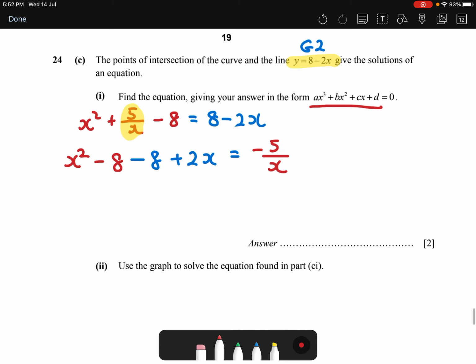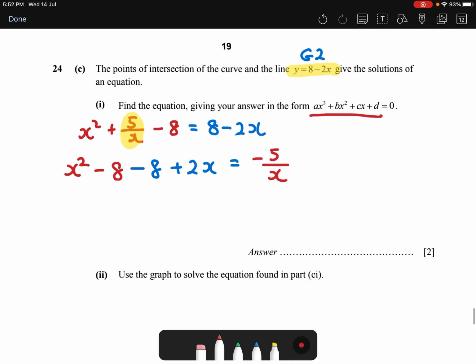Then after that, you simplify first. So x squared plus 2x minus 16 equal to minus 5 over x.